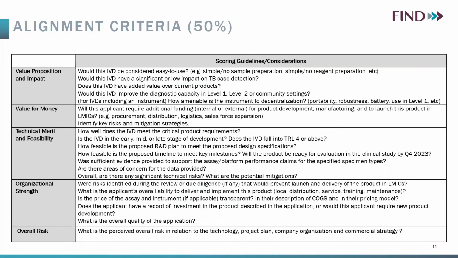The final part, the alignment criteria, counts for 50% of the score. This does not need to be completed by applicants, but we're providing some detailed information on the scoring guidelines and the considerations that will be used by external reviewers and internal reviewers when completing the assessment.